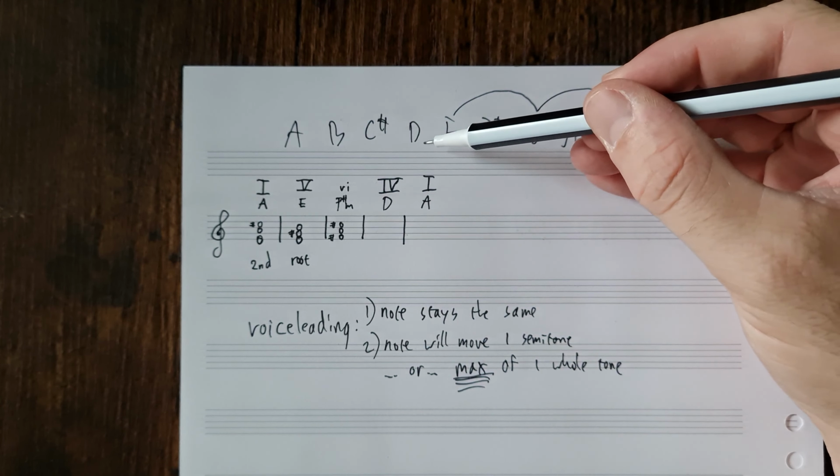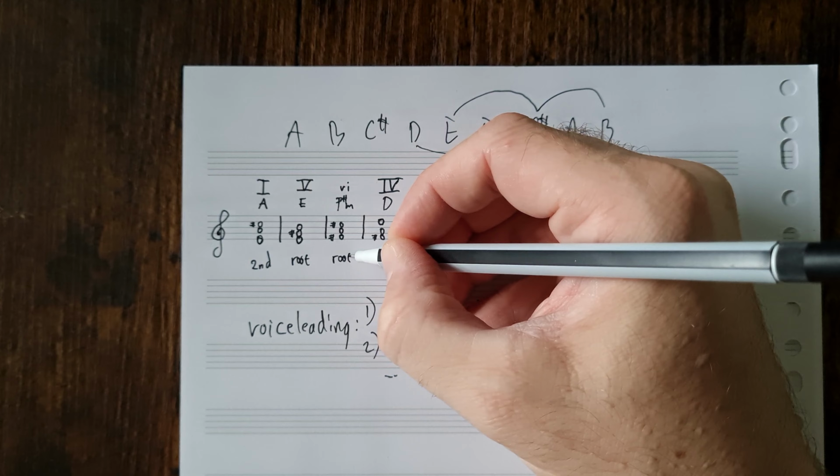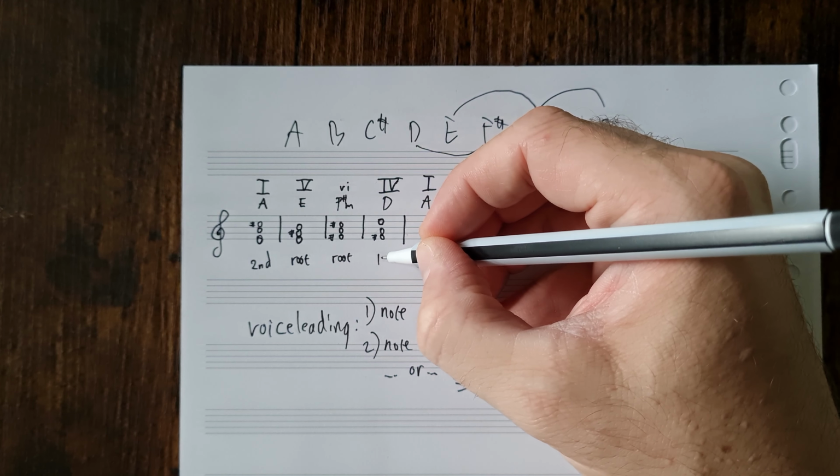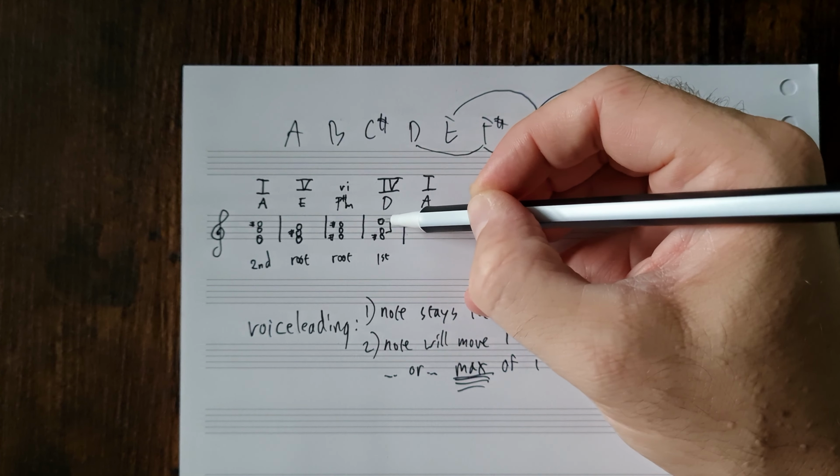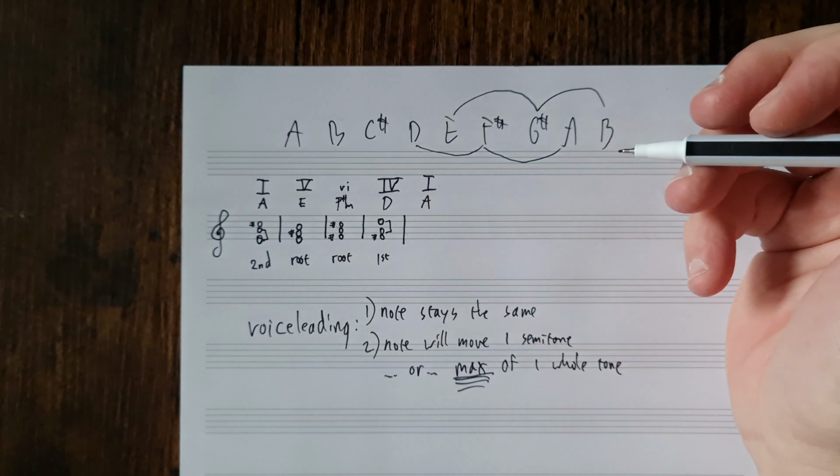And the only other note we didn't voice lead yet is the C sharp, which of course has to go up to D. It's the only note we didn't notate yet. So this is another root position, and this is a first inversion. The fourth is at the top, so we've got the root up at the top instead of at the bottom. It's the first inversion. Second inversion places the fourth at the bottom.